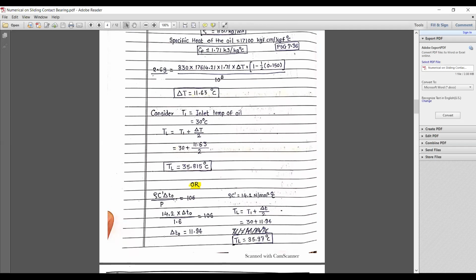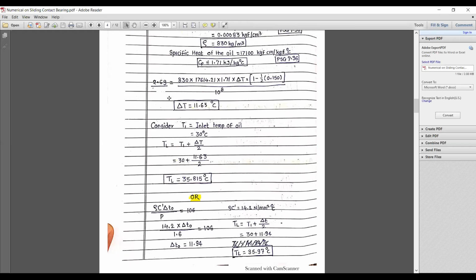Putting all the values, delta T is equal to 11.94, and with the parametric equation you get 11.63. You can choose either method to find a proper value. Delta T divided by 2 gives an operating temperature of 35.97 degrees centigrade. So here is 35.815 and here is 35.97, which are nearly equal.